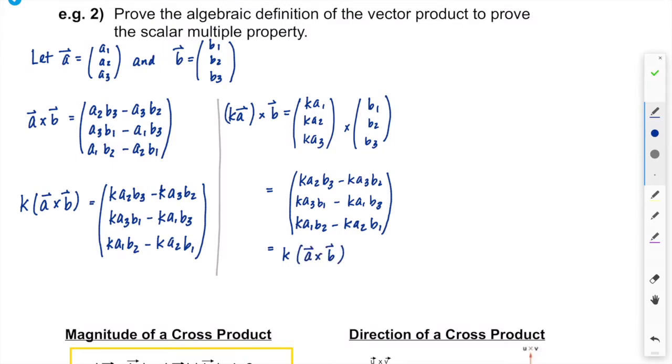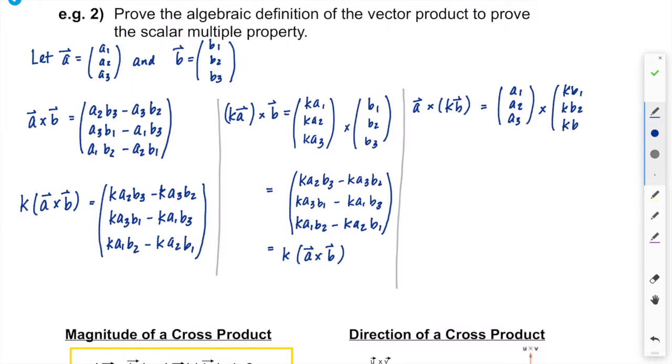So we have proven this first pair in the scalar multiple property to be the same. And then we'll do the same, this time, for A cross KB. So A is A1, A2, A3 cross KB1, KB2, KB3 this time. Ignore the first row: A2 times KB3, so KA2B3 minus A3 times KB2, so KA3B2.